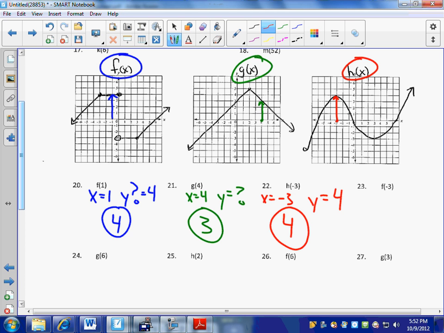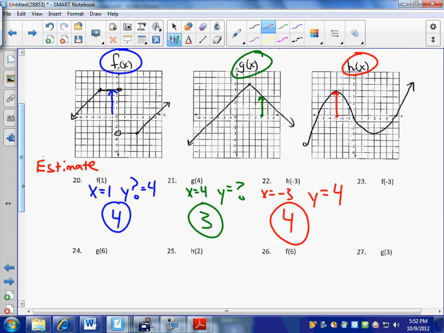Some of these you could tell that it's not going to be exact. You might have to estimate the result for some of these. Like, for example, h of 2. So if x is equal to 2, what is y?